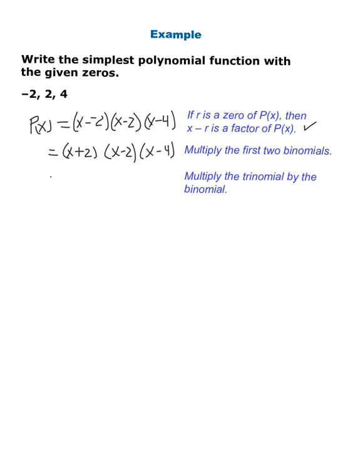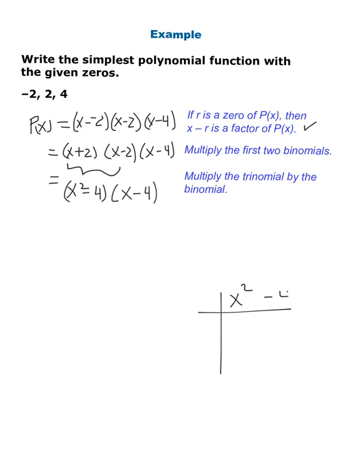And now all I need to do is multiply the first two binomials. So what do I get? It's a difference of two squares, x squared minus 4, and then I have x minus 4. Then I just need to go to the next step, and I can show you here an easy way to do that. x squared minus 4, and then we have x minus 4, so we get x cubed minus 4x.